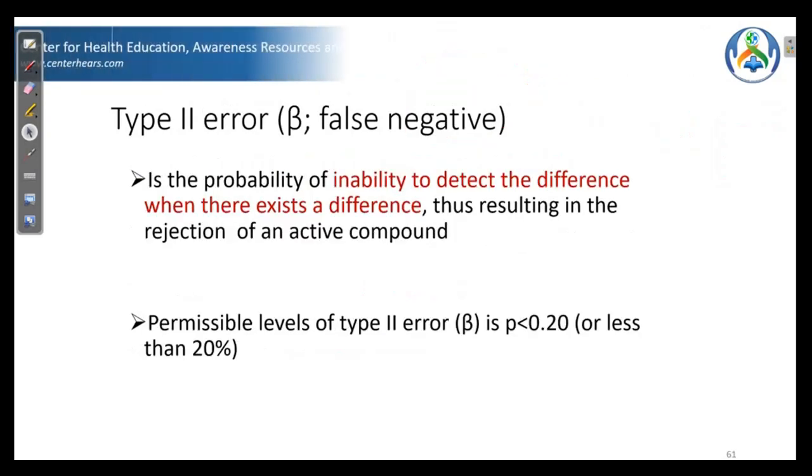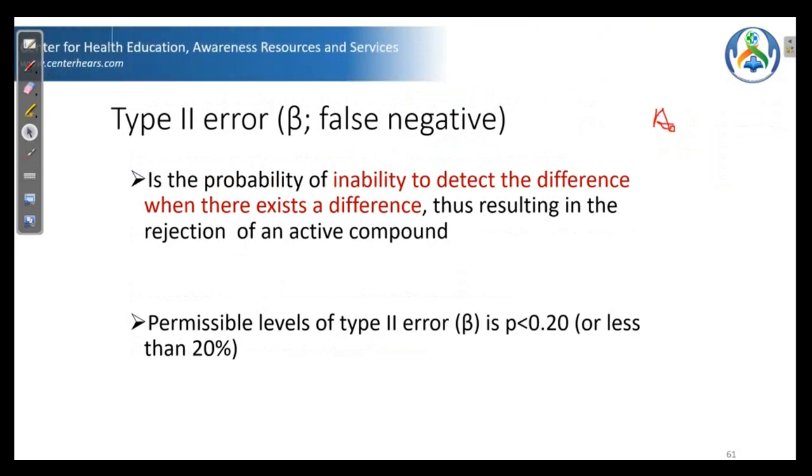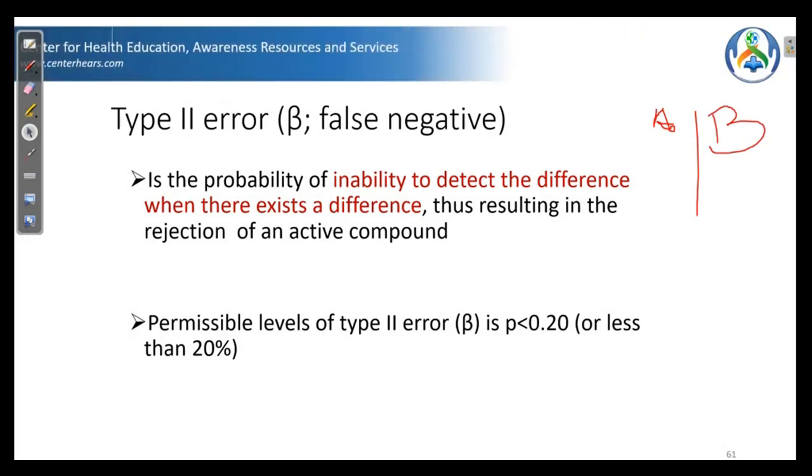Type 2 error is the probability of being unable to detect a difference. It means drug B is working better than A, but in our test or in our study, it is not appearing.